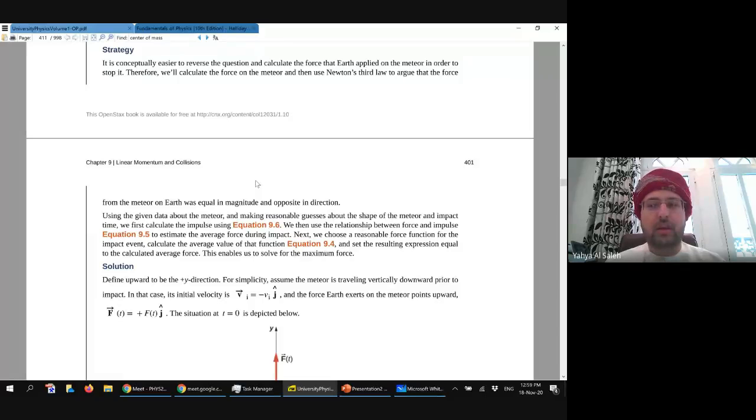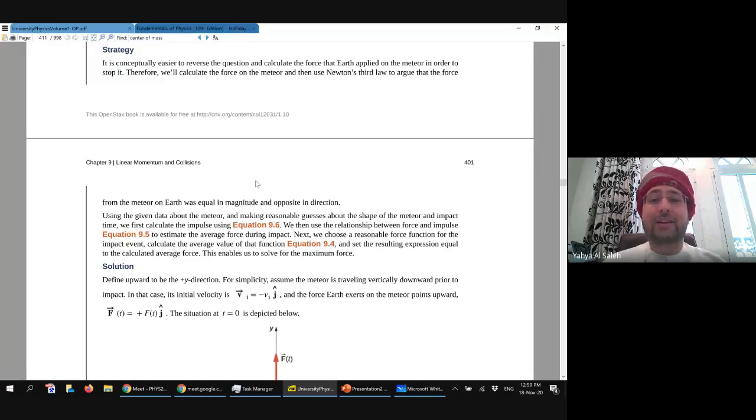If I try to calculate the force of the meteor on the Earth, I have one tiny problem: I don't know how much of Earth actually got affected. So I cannot find a mass, a density, or an initial and final velocity because it's Earth, it's rock solid, and we don't know its movement or anything.